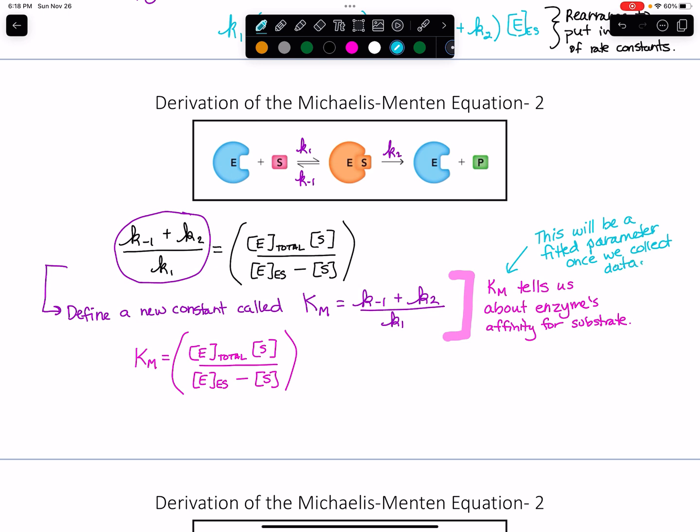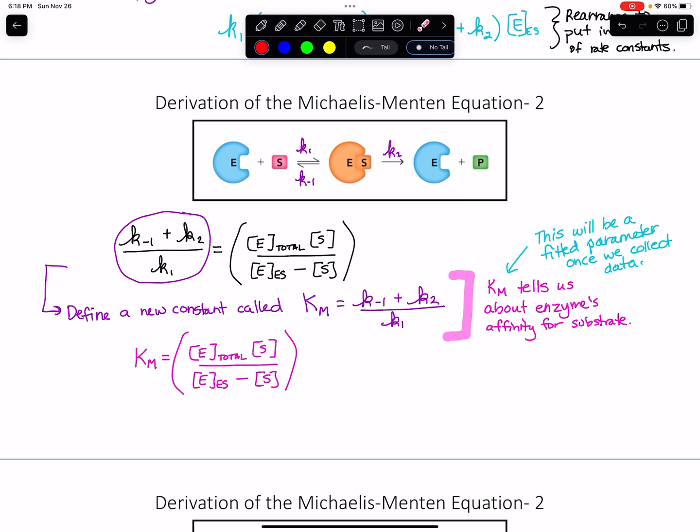Now let's look at what else we have here. What do we have in our equation? Well, we have substrate concentration. We can control that. If we're mixing things up in the lab, we can control substrate concentration. We can control total amount of enzyme, because we know how much enzyme we're going to put in.